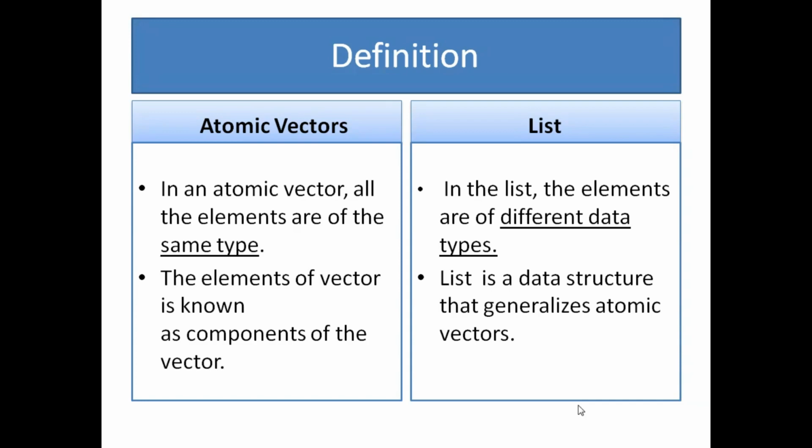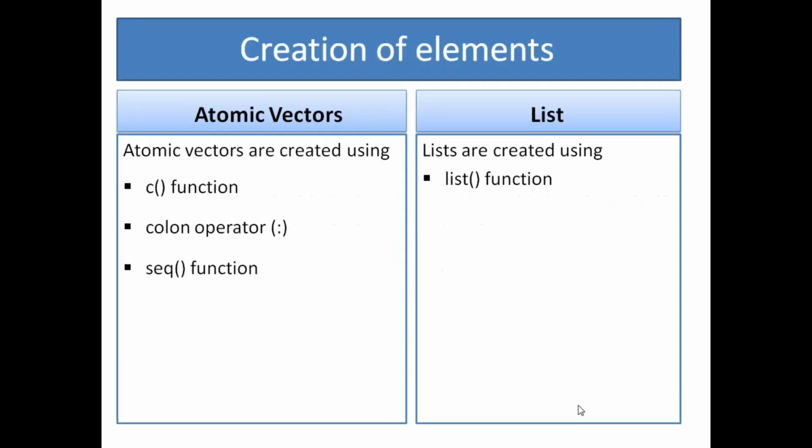In an atomic vector or vector, all the elements are of the same type. But in a list, the elements are of different types. So we can say the list is a data structure that generalizes atomic vectors. And each and every element of the list is known as its components.